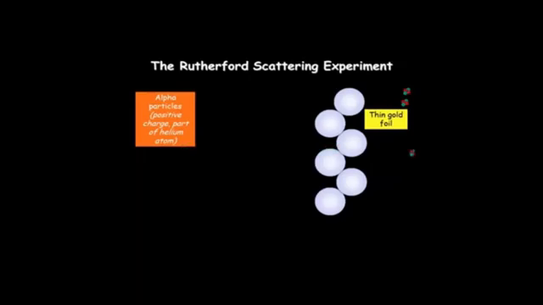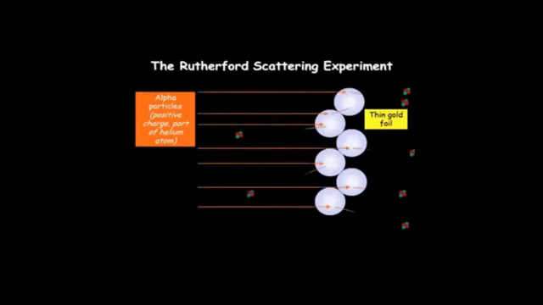From this alpha ray scattering experiment, Rutherford concluded that the entire positive charge of an atom is focused on the center of it called nucleus and it is positively charged.